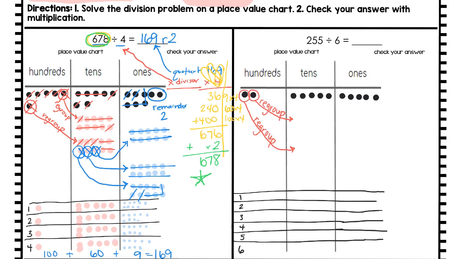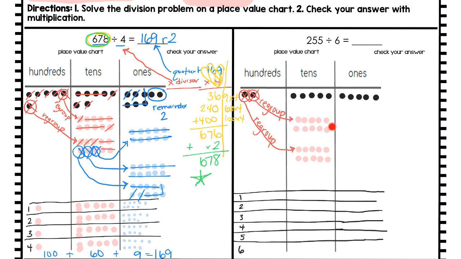We have to count by tens to regroup these hundreds. 10, 20, 30, 40, 50, 60, 70, 80, 90, 100. We've regrouped that one. Now we're crossing it out because we've already used it. And again, 10, 20, 30, 40, 50, 60, 70, 80, 90, 100. And we have regrouped this one.